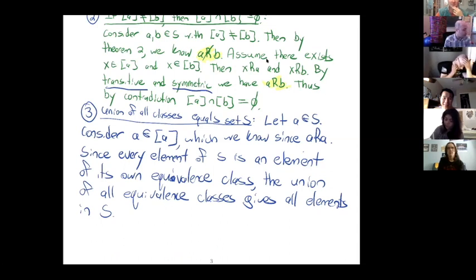And again, this also used the reflexive property. Any questions?